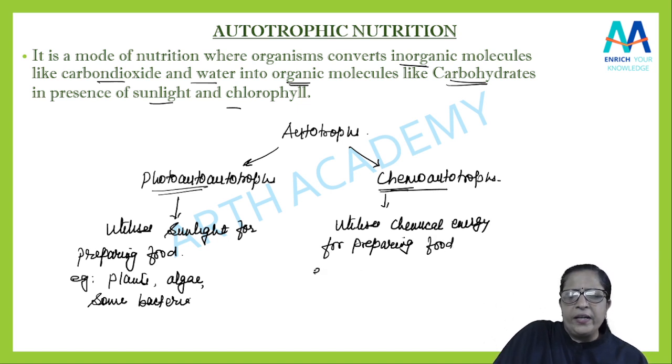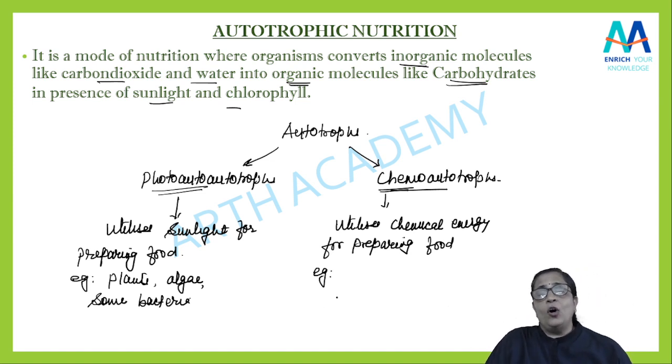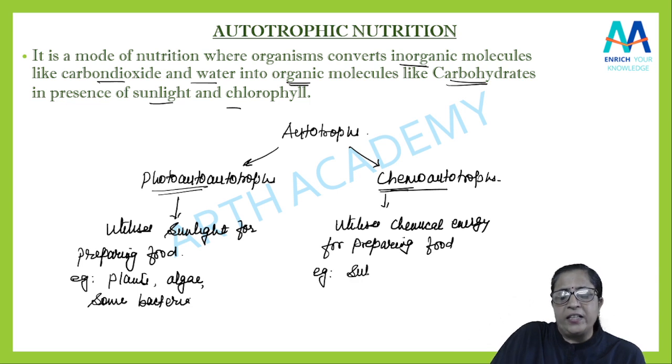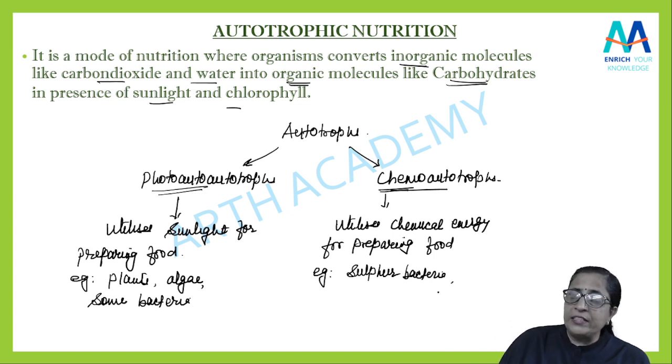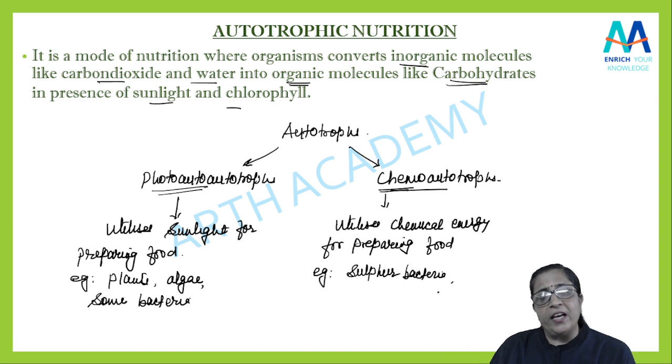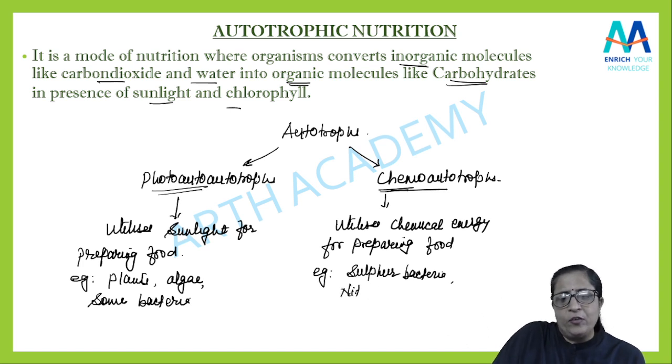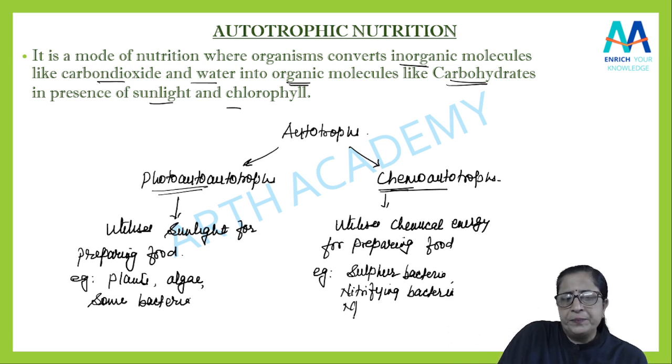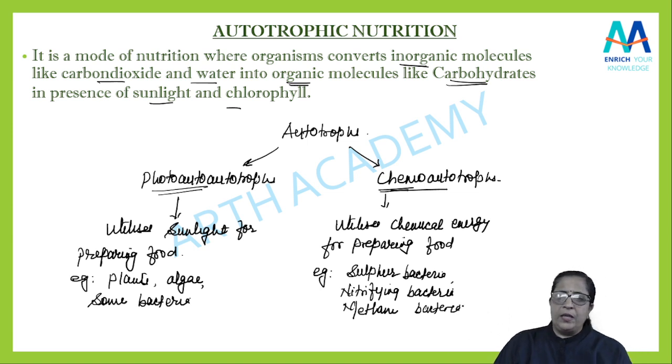The examples you can take, there are some bacteria, we call them as chemobacteria also, और जिसको हम बोलते हैं सल्फर बैक्टीरियाज. Yes, you can write it down. सल्फर बैक्टीरिया के एग्जाम्पल है, फिर मीथेन बैक्टीरिया एग्जाम्पल है, नाइट्रीफाइंग बैक्टीरियाज है. You can write it down. I will just give you nitrifying, then methane bacteria. So these all are the examples of your chemoautotrophs. I hope this is clear.